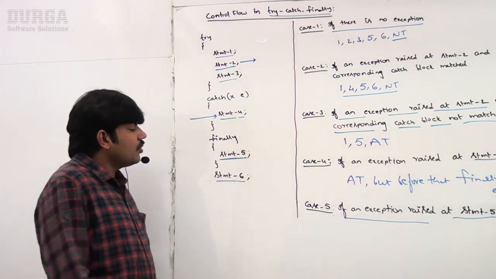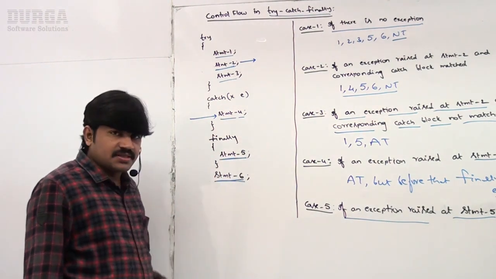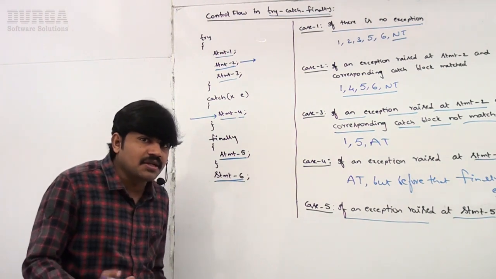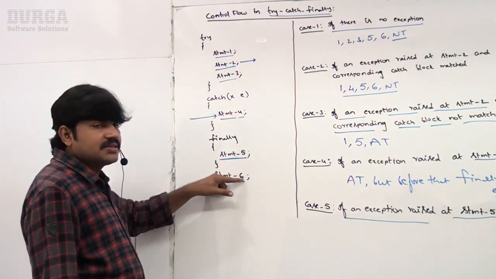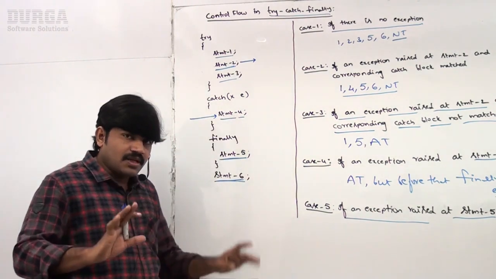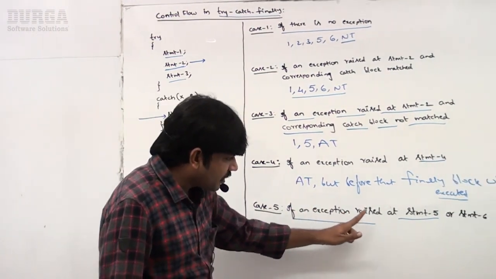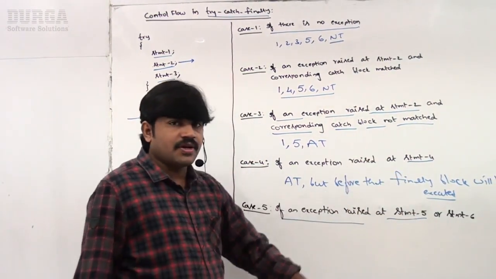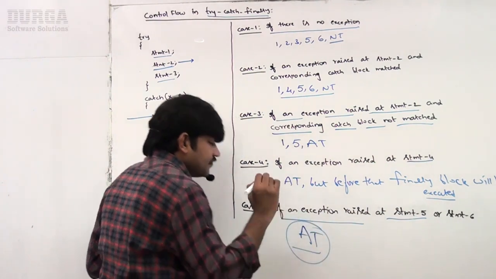Remember this one. So if an exception is raised at statement 6, it is always abnormal termination. Remember that carefully. If the exception is raised at 4 or 5 or 6, these statements are outside of the try block, so always abnormal termination. Even 5 and 6 also.